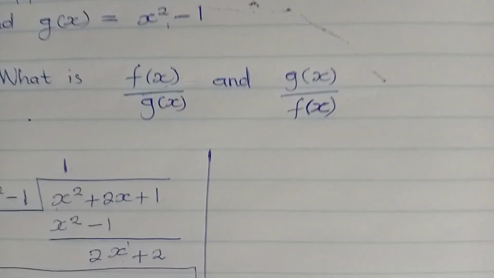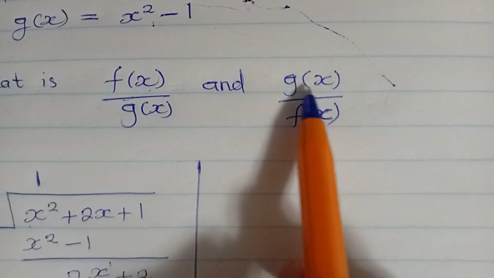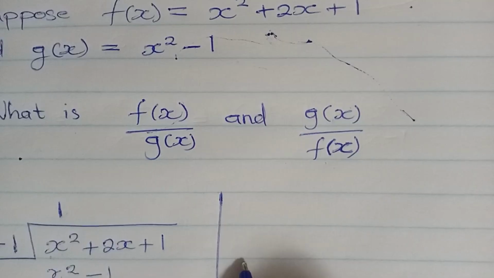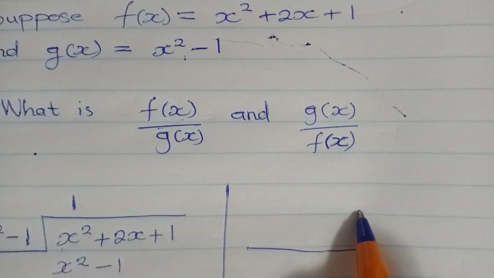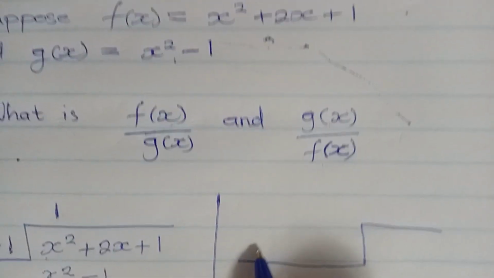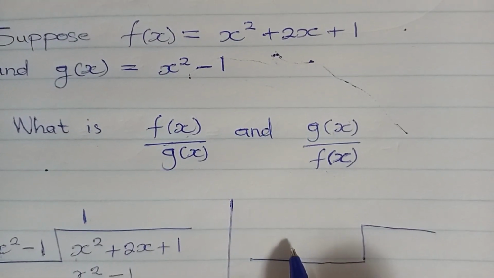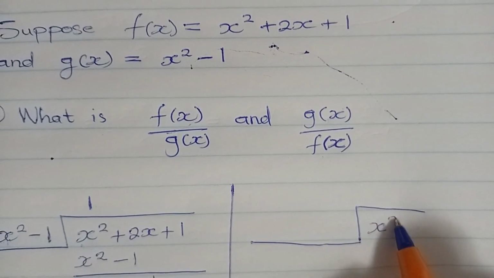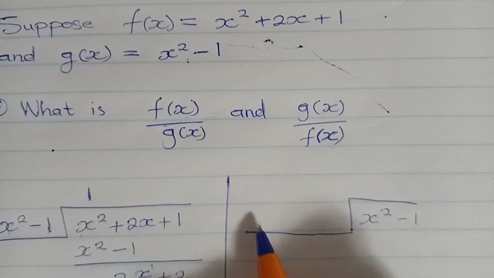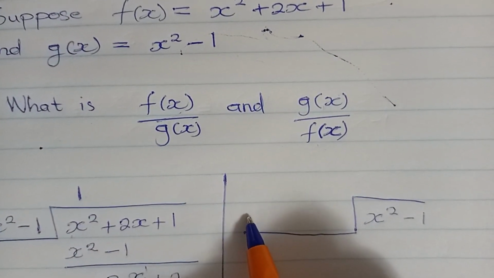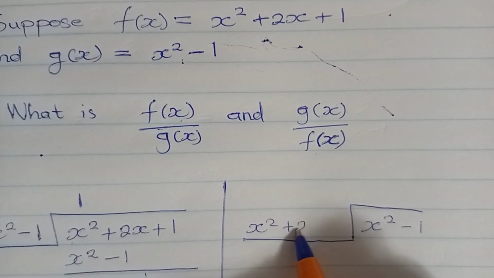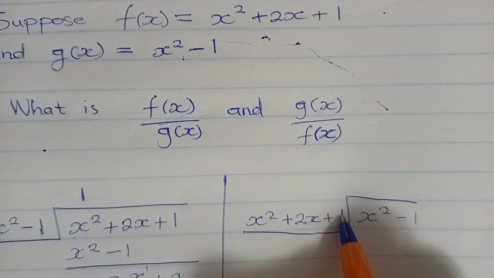So now let's check what we get if we divide g of x by f of x. Our skeleton: g of x goes inside because it's the numerator, x squared minus 1, and f of x goes outside because it's the denominator, x squared plus 2x plus 1.